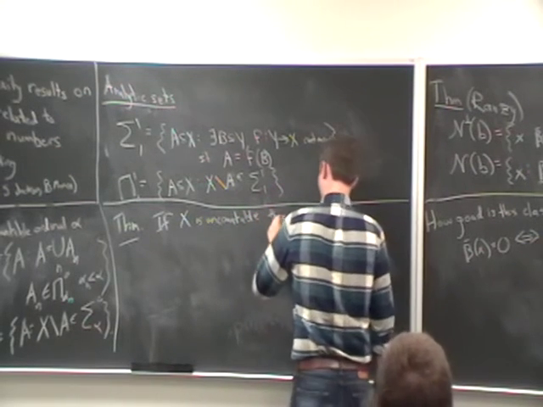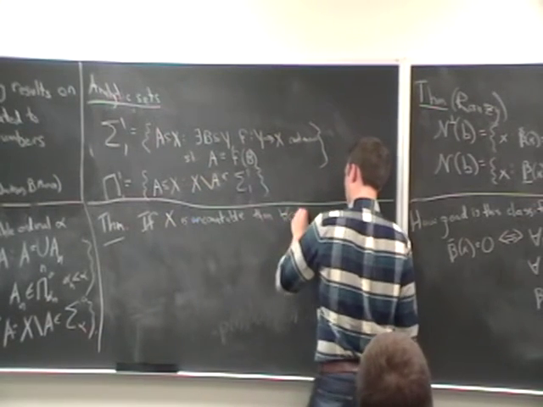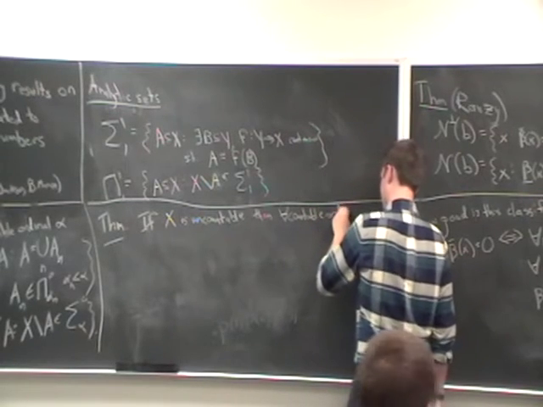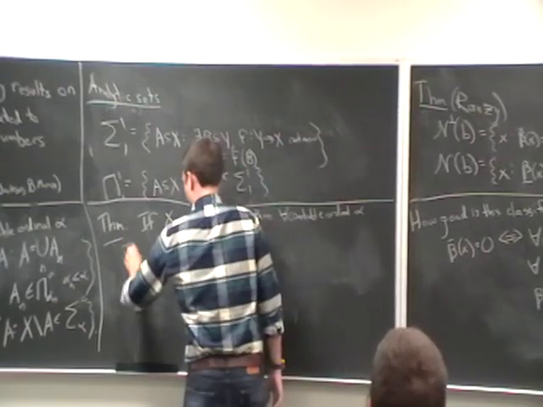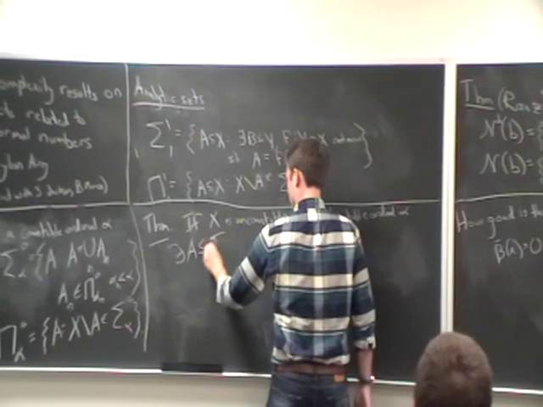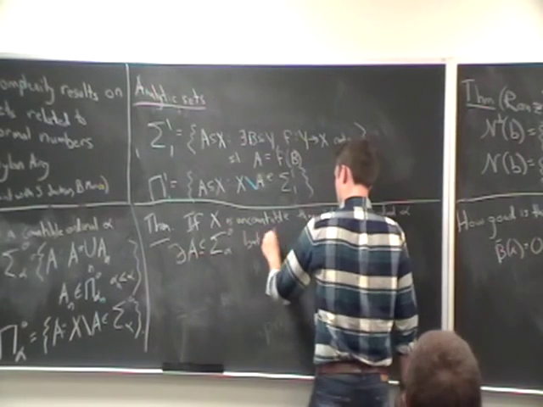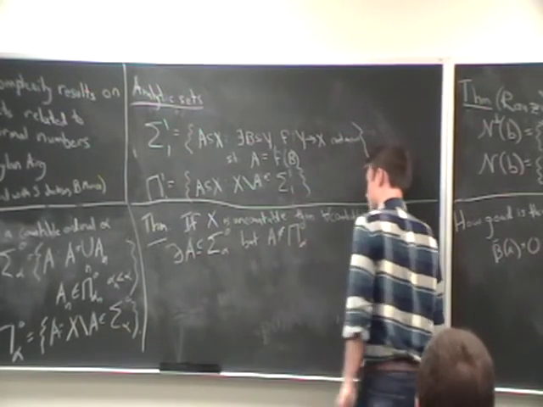In other words, if X is uncountable, then for any countable ordinal alpha, there exists a set A that is in Sigma^0_alpha, but A is not in Pi^0_alpha.